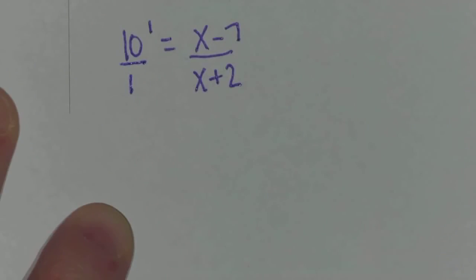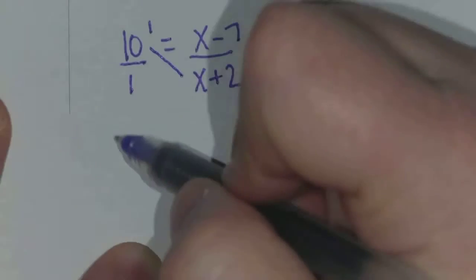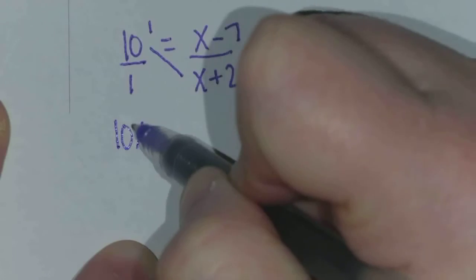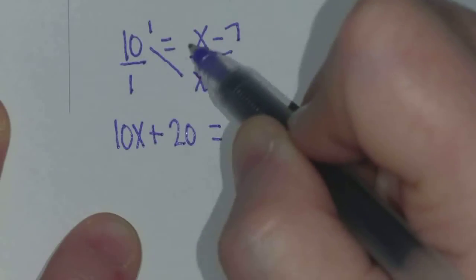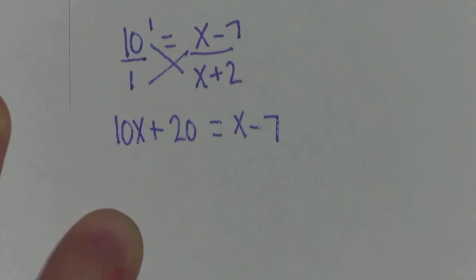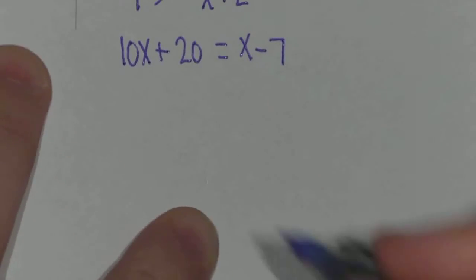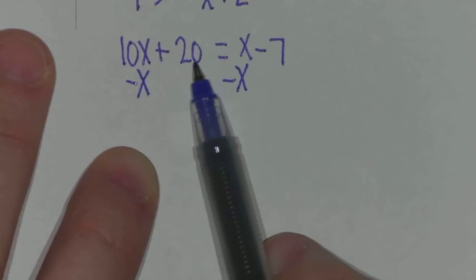So can I just put a 1 underneath that and cross multiply? Is that okay with everybody? So what do I get this direction? 10x plus 20, good, equals that direction, x minus 7. I'm going to get my x's together, so I'm going to move the x this way by subtracting it at the same time, because you know I'm lazy.